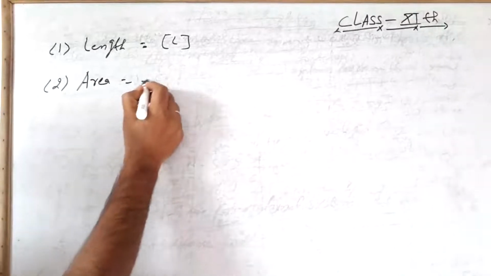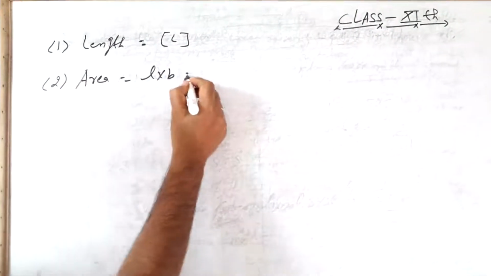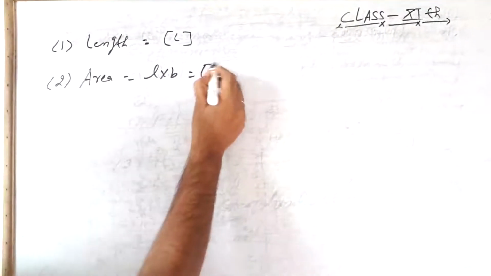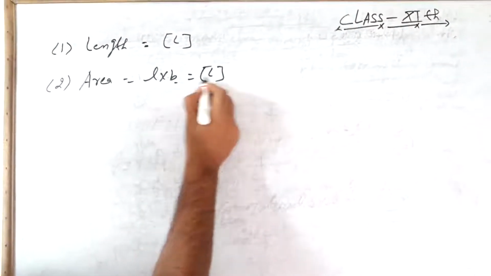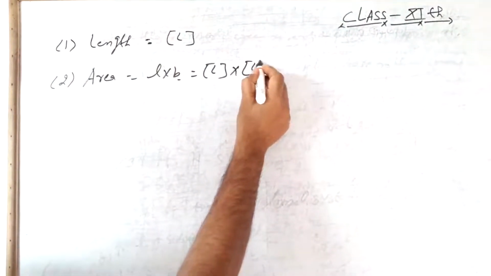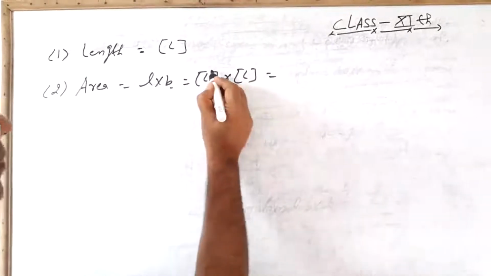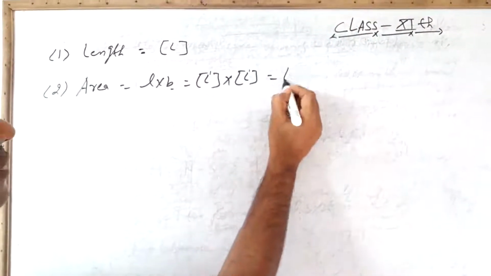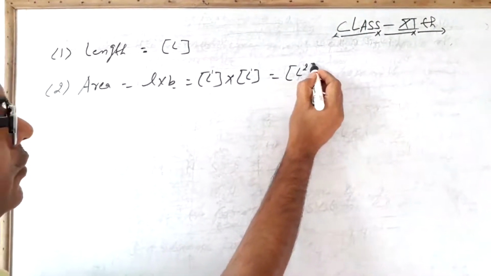What is the formula of area? Length into breadth. Length is L, breadth is also L. So how many powers? Power is 1 and 1. It becomes L to power 2.